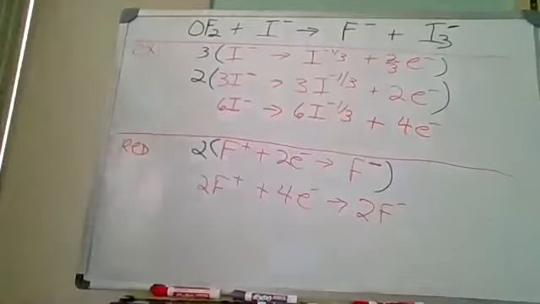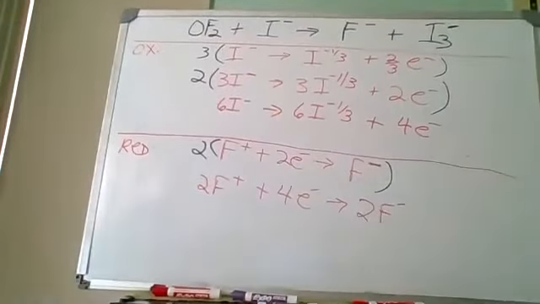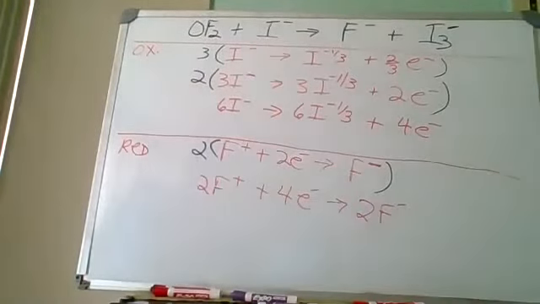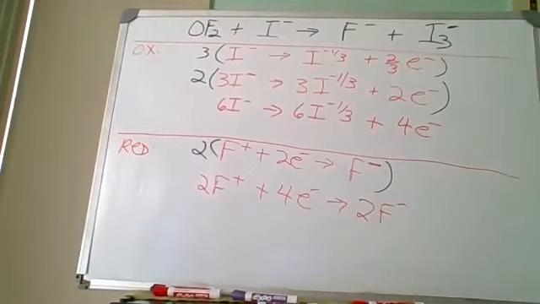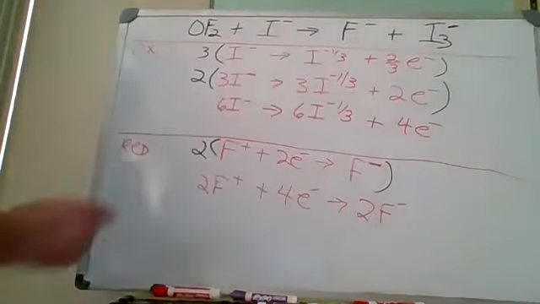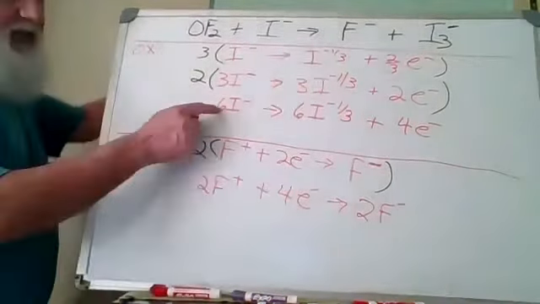Okay, give you a chance to write that out. So if I have 6 iodines being oxidized here, I better have 6 being oxidized up here, right?